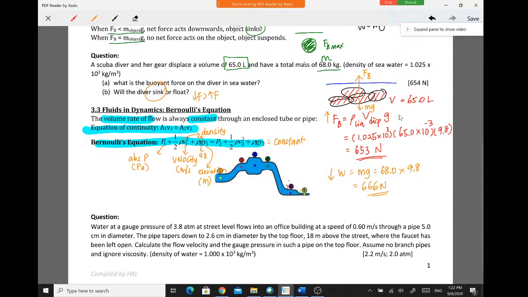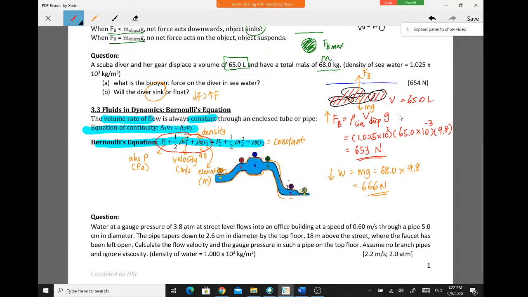at any point. Let's say this is your pipe here. The size of the pipe will change to a bigger size, or even the height will change. No matter how the size or the position of the pipe changes, this expression, P plus half rho V square plus rho g y, will be constant inside the pipe.